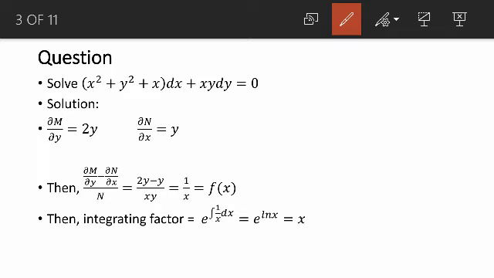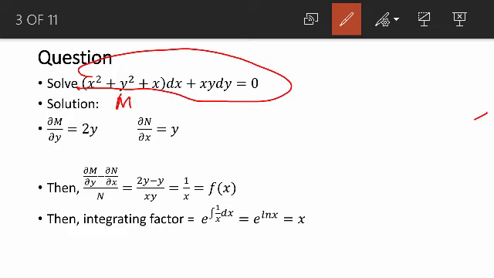Now let's see a particular question. We have to solve (x squared plus y squared plus x) dx plus xy dy equal to 0. We call the coefficient of dx our M and the coefficient of dy our N, which is how an exact equation looks, M dx and N dy.